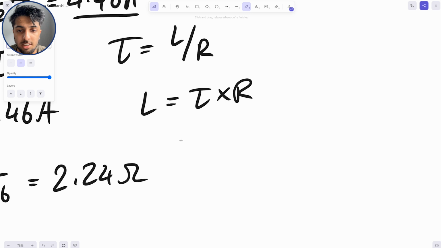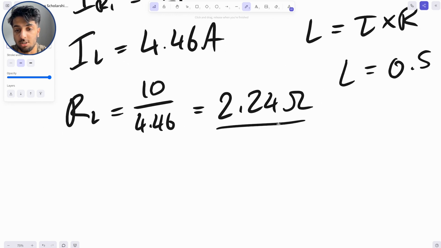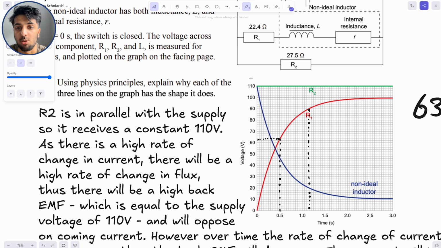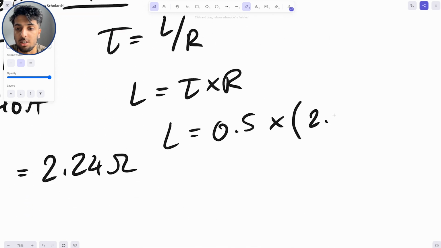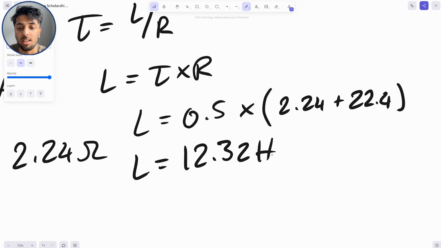And so our inductance is equal to 0.5 times the resistance. Now this resistance is the total resistance of the branch, so this is 2.24 plus the 22.4 of R1, and so our inductance is equal to 12.32 henries. That's our final answer.